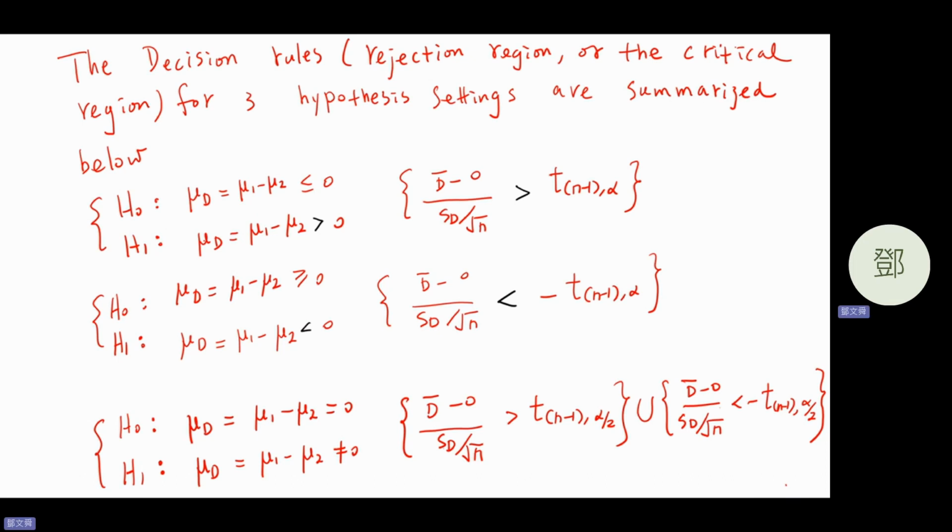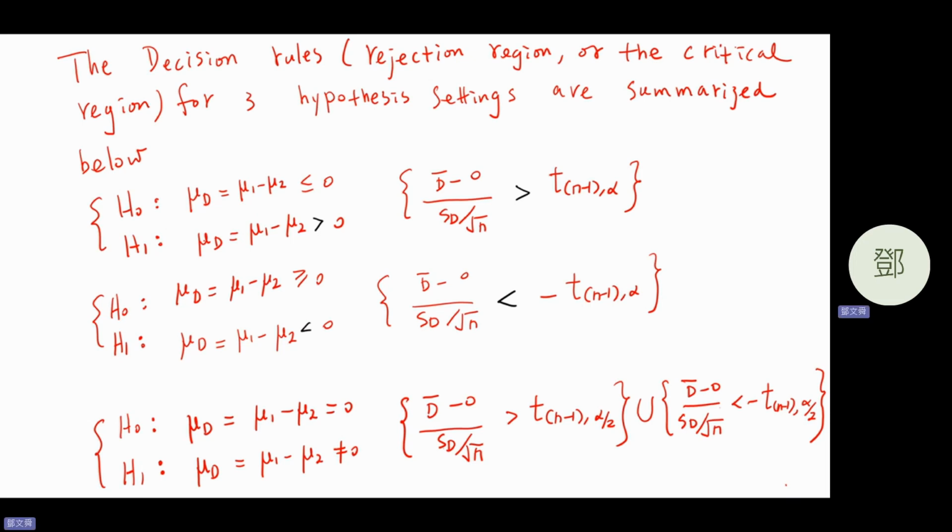Okay, 0, and this also contains 0. This null hypothesis also contains 0, so it is all zeros in the 3 settings, as in the previous test procedure. But here we replace X by D. And here it was S in the previous test, but now we use SD.